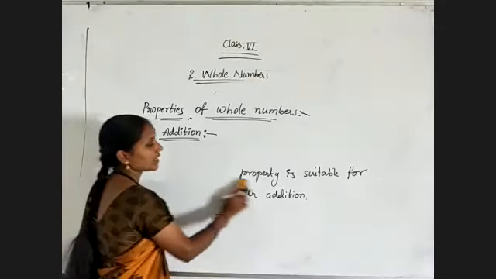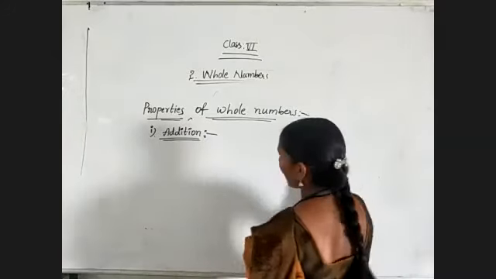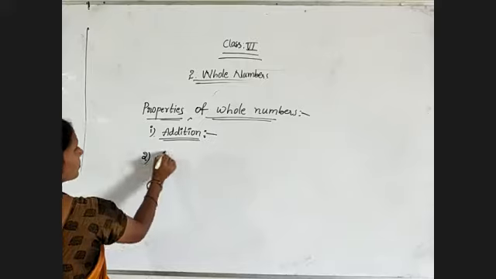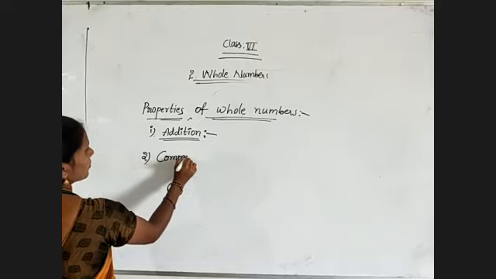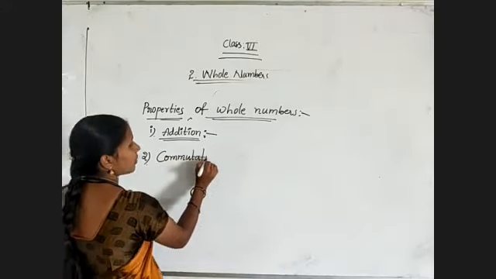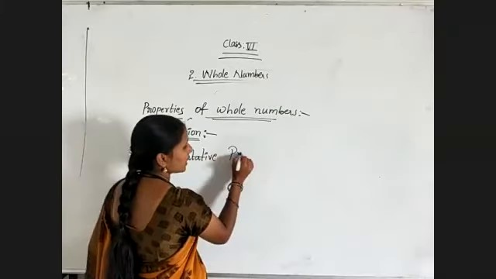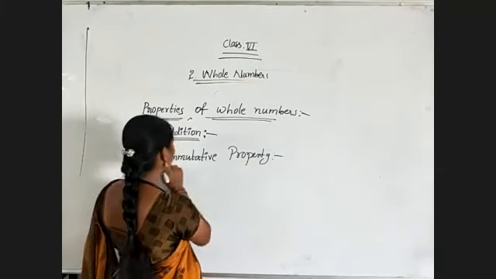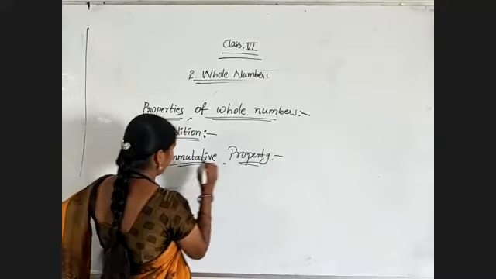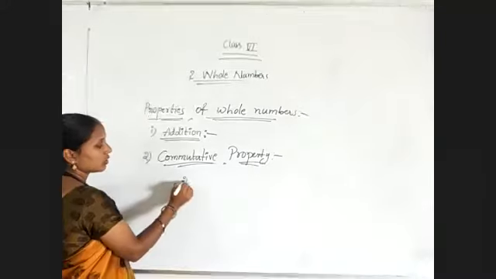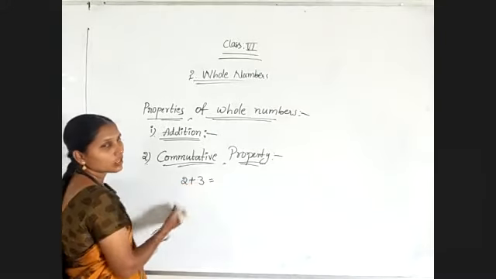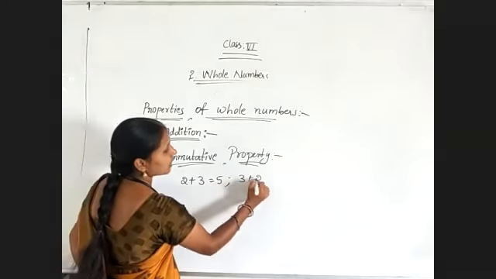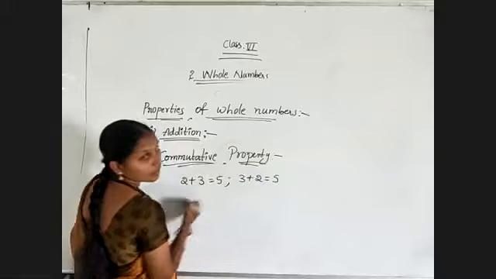Now coming to the next property. In case of addition only, what is the next property? As I told you, commutative property. First of all, I'll take the examples, then I'll explain. 2 plus 3 is equal to how much? 5. 3 plus 2 is equal to how much? 5.